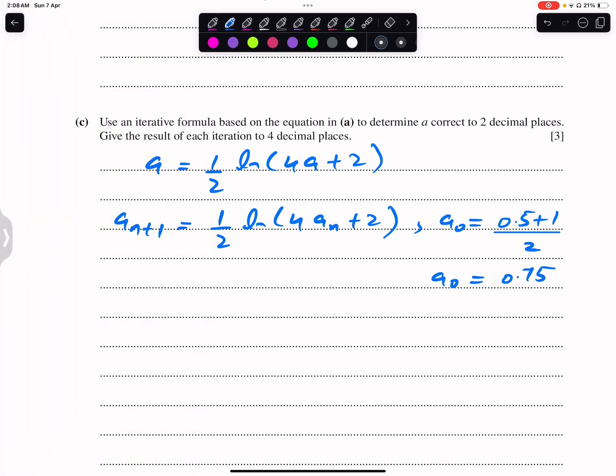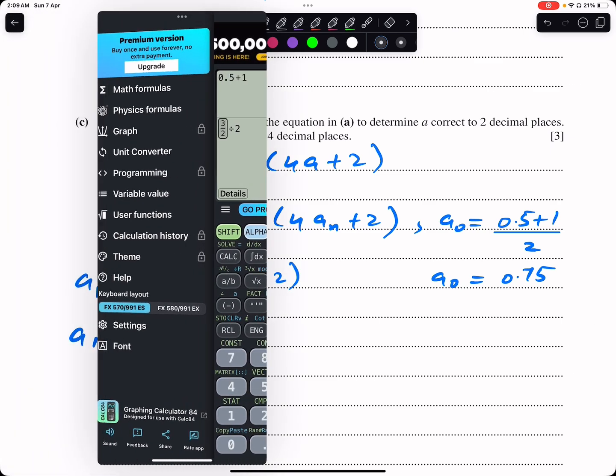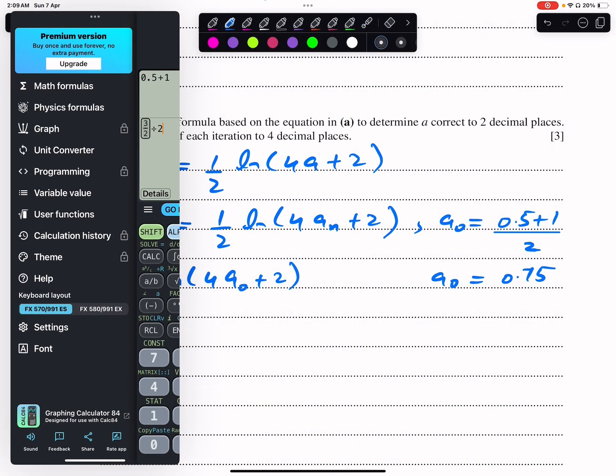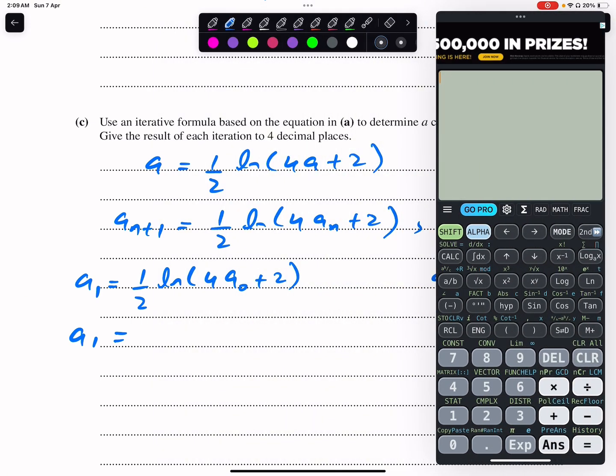Now put a naught, so you will get a1 is equal to 1 over 2 natural log of 4 times a naught, that is 0.75, plus 2.